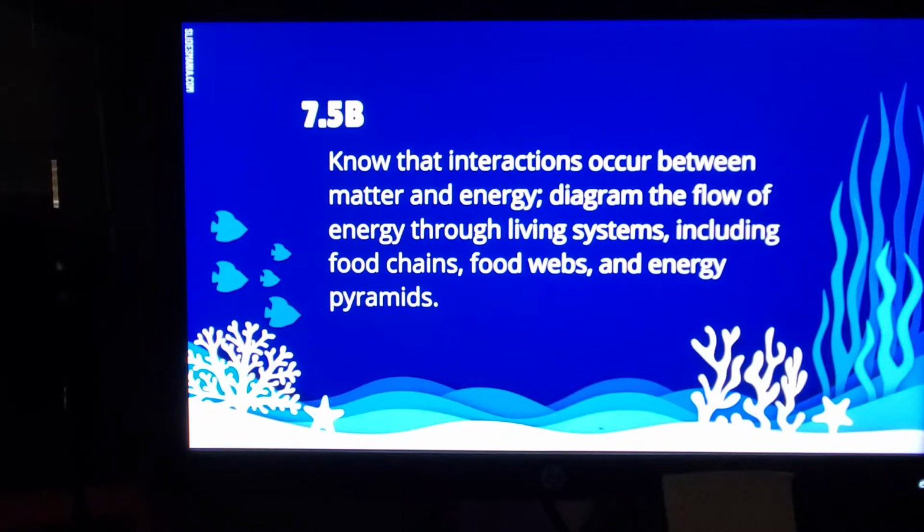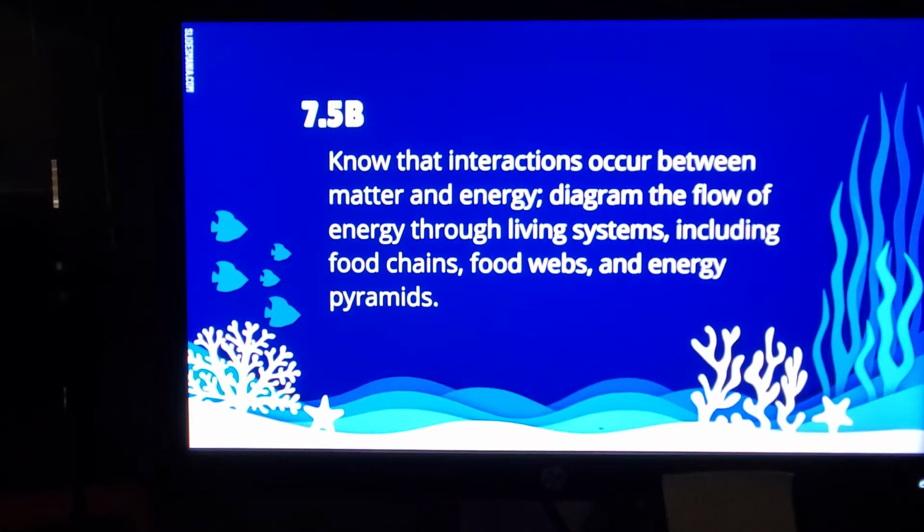So radiant energy brings all the energy that exists on our planet. Now, some of it is geothermal, right? Some of it is from the planet, the hot core and stuff, but I'd say 98% of it comes from the sun. So all the living things on our planet depend on that.